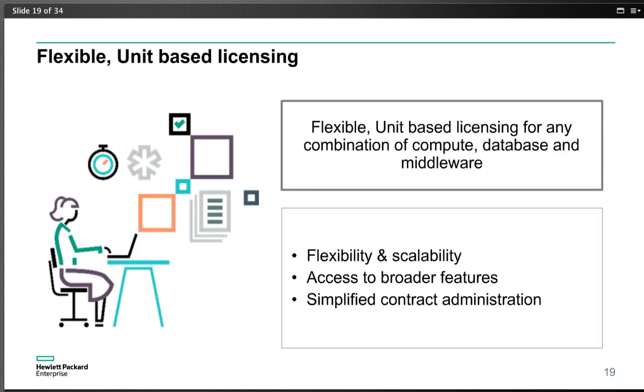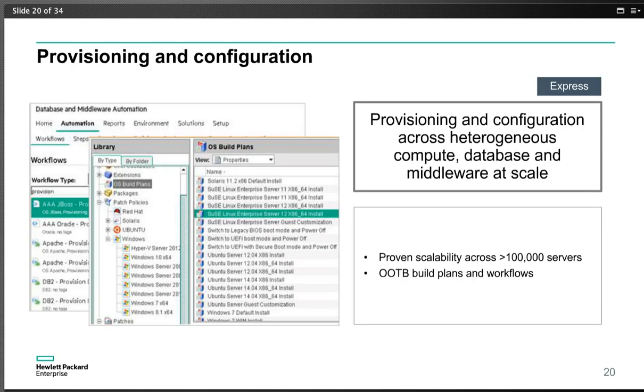So with that, let me drill down into each of the three tiers that we introduced in DCA. DCA Express, as mentioned, is all about standing up the infrastructure. This is about provisioning infrastructure and its first-time configuration.